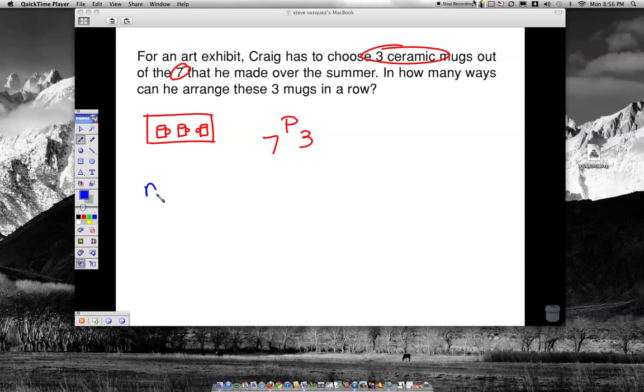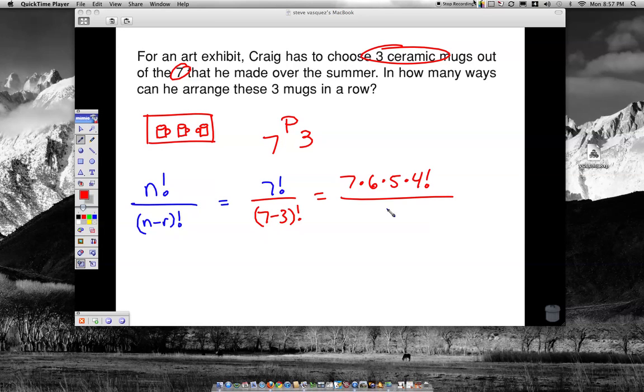If we apply our formula, n factorial over n minus r factorial, that's 7 factorial divided by 7 minus 3 factorial. I said 7 minus 4 at first, but it's 7 minus 3. That gives me 7 times 6 times 5 times 4 factorial over 4 factorial on the bottom.